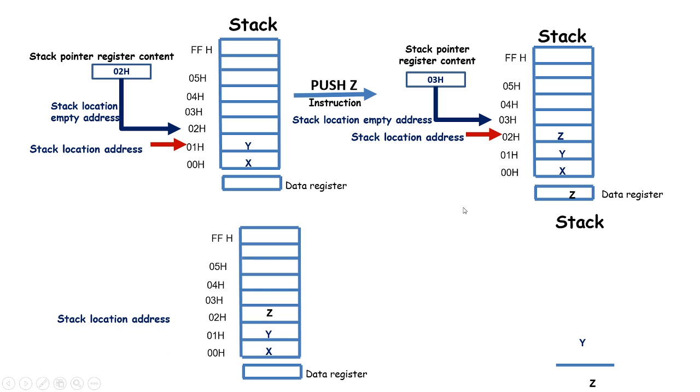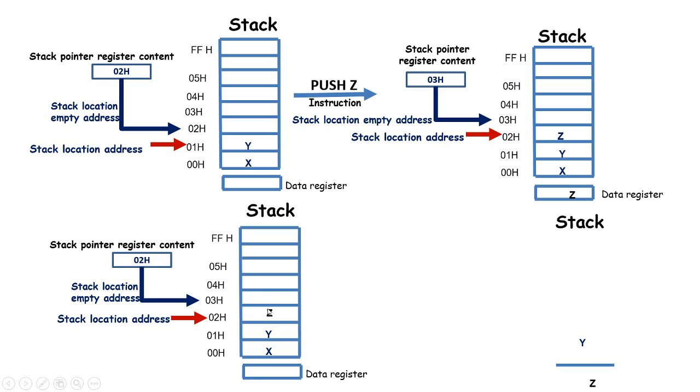Suppose we execute the pop instruction. This is the initial stack, and we want to remove or take the data from the stack, that is the Z data. The address is 03H, which is the top address given by the stack pointer register.